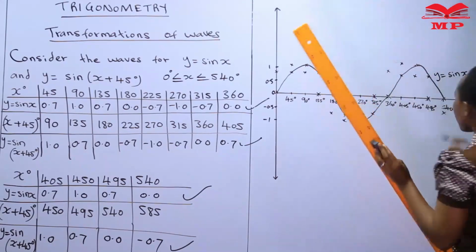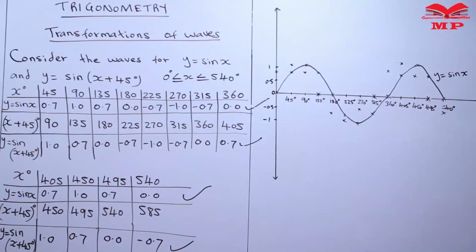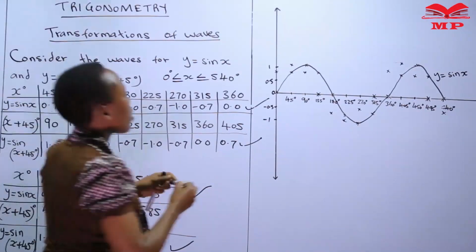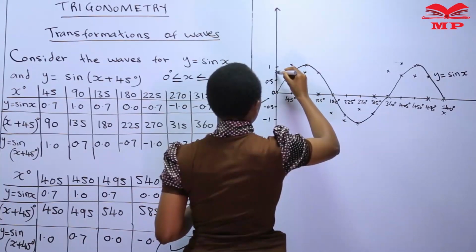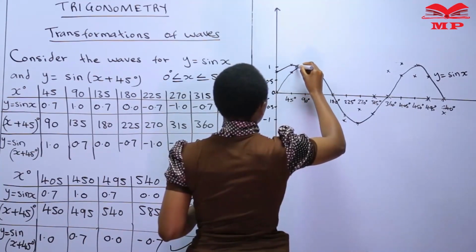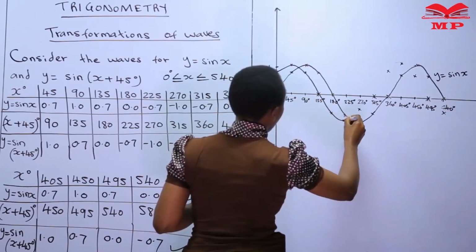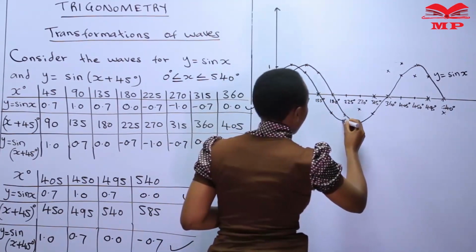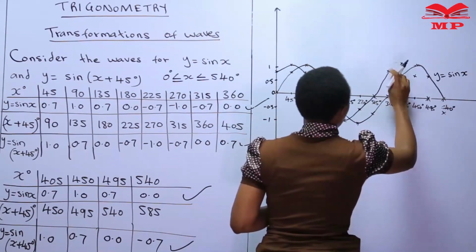So we have that. Then we need to join the points so that we can describe the transformation. We move from this point here to that, then this way. When we come to this point here, we turn and move on to that point.